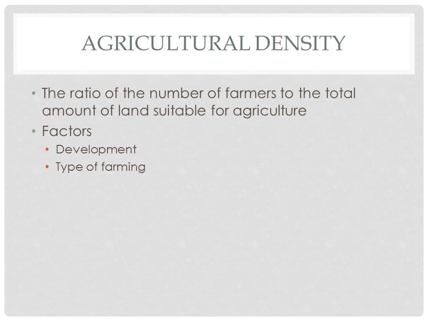Farmers over farmland. So to review, arithmetic density is just people over land. Physiological density is people over farmland. Agricultural density is farmers over farmland. And in this case, we have some other factors that we have to take into consideration. And those are level of development and the type of farming.